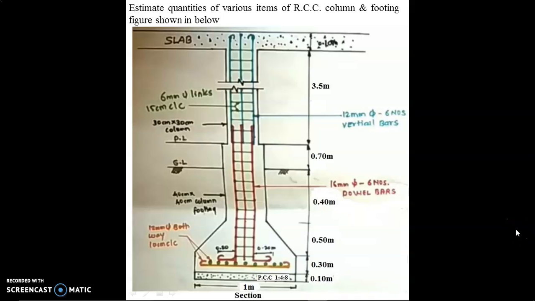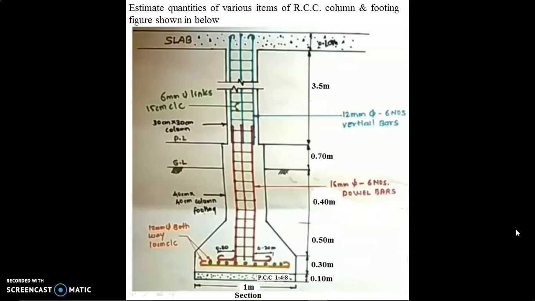Hello everyone, this is part 2 of our previous lecture. In our previous lecture, we found the quantities for the RCC column and footing. We found the quantity of excavation, PCC, RCC, and trench filling.